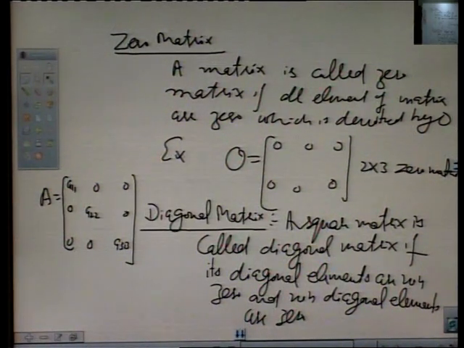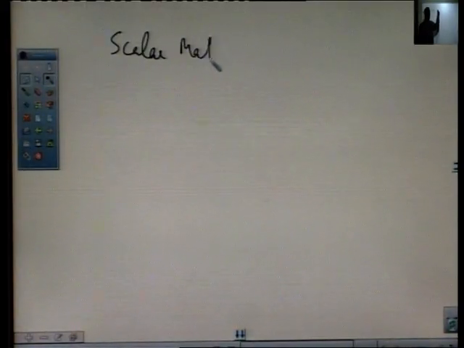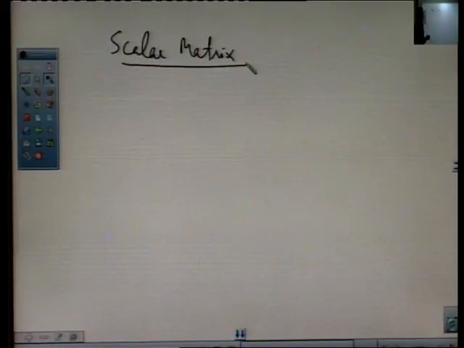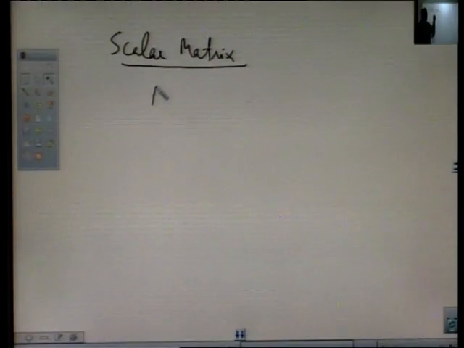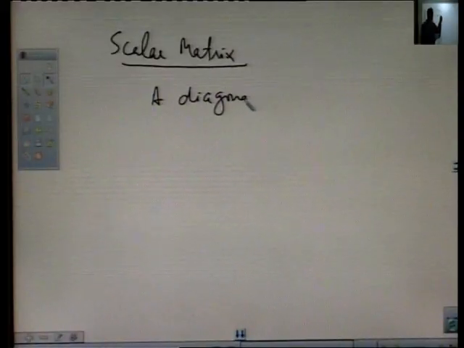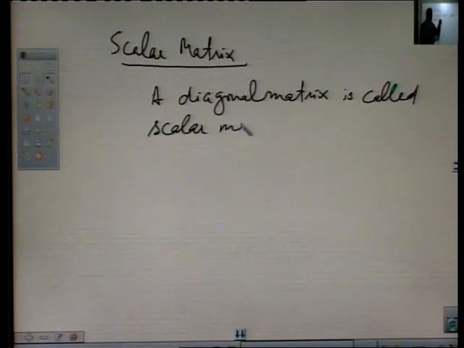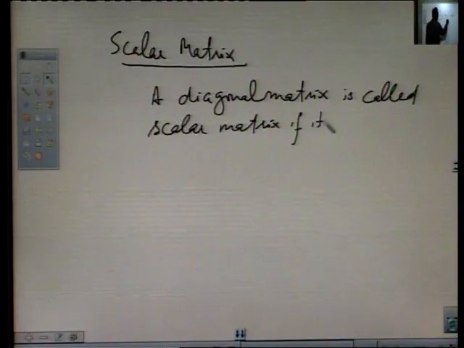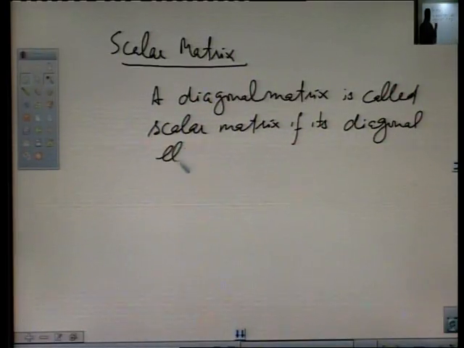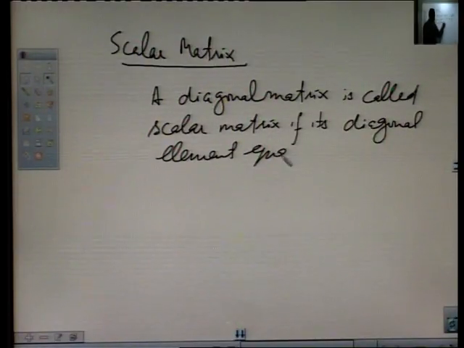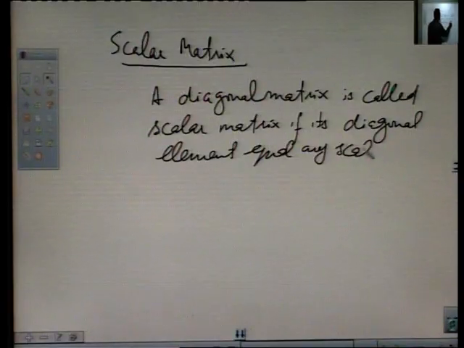And next is a scalar matrix. A diagonal matrix is called a scalar matrix if its diagonal elements are equal to any scalar k.